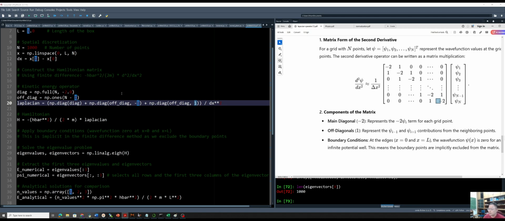The 1D array becomes 2D by np.diag, so you have n minus 1 because here you only have n minus 1 elements rather than n. Same here also, n minus 1 elements of 1.